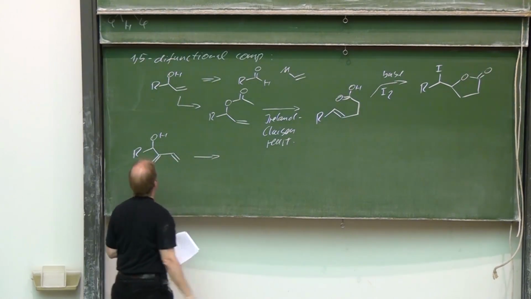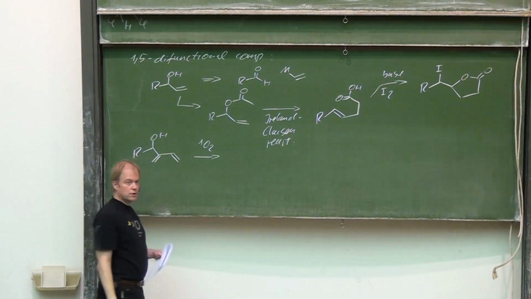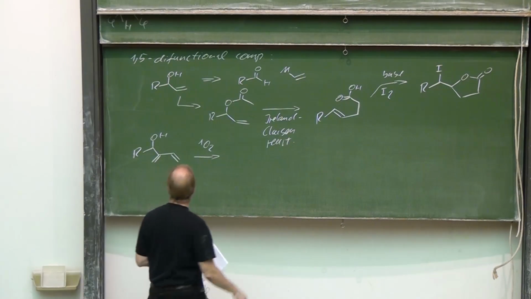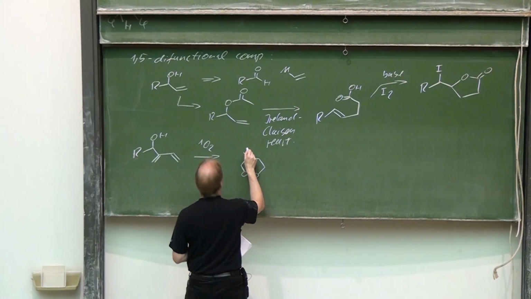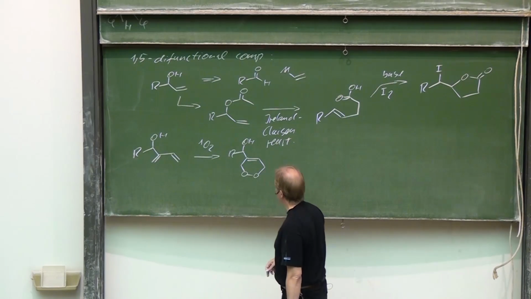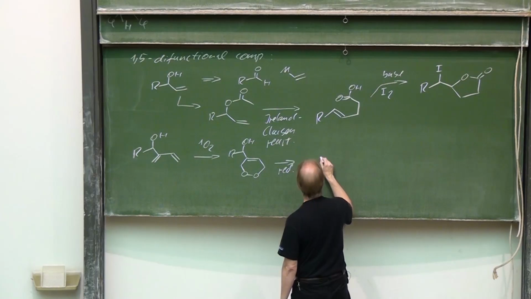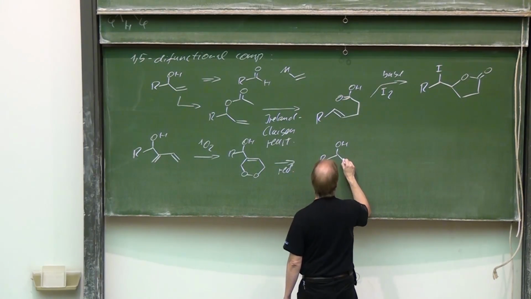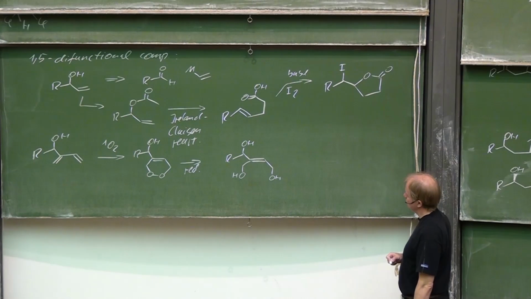The first example, the Diels-Alder reaction with singlet oxygen as the dienophile, leading to such a peroxide, and reduction will lead to this product.